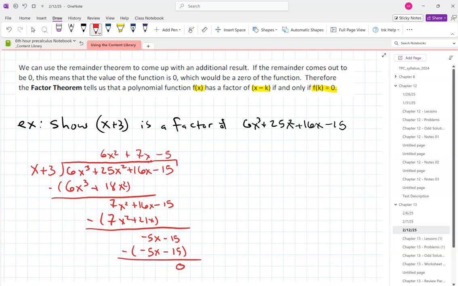Subtract down, I get remainder 0. Or, if this is x plus 3, k would be negative 3, right? So I could just look at f of negative 3.